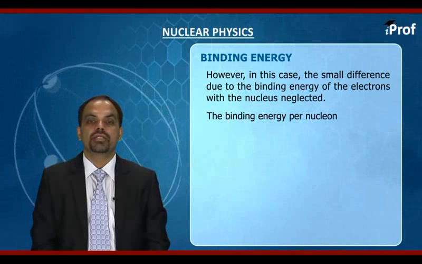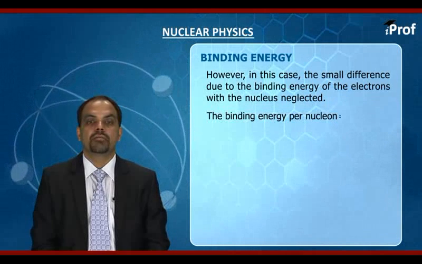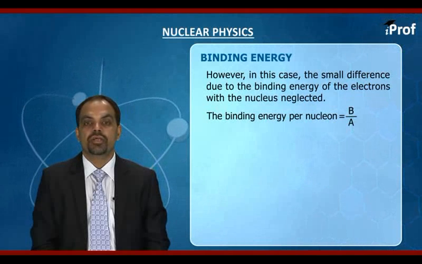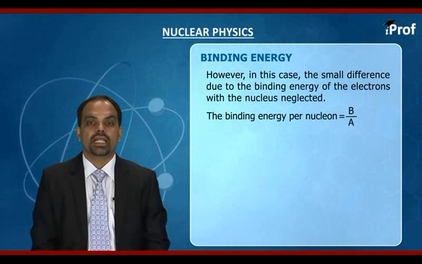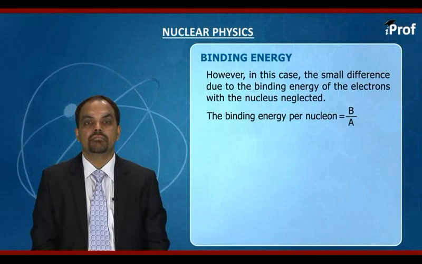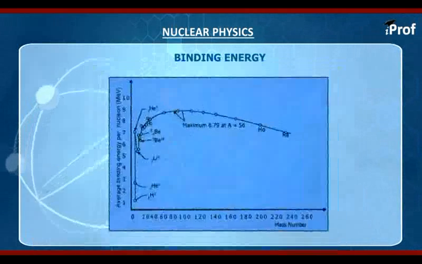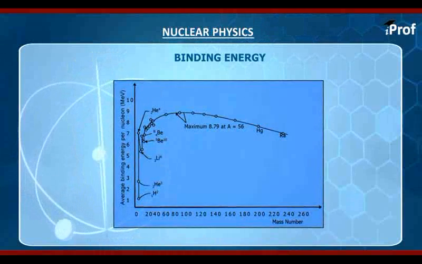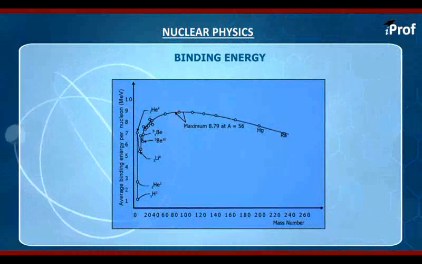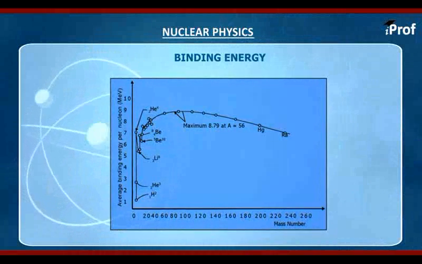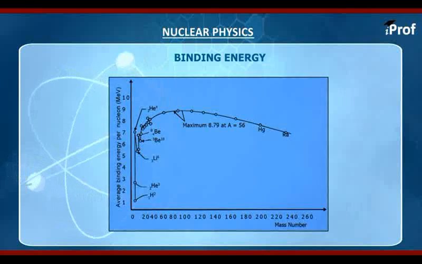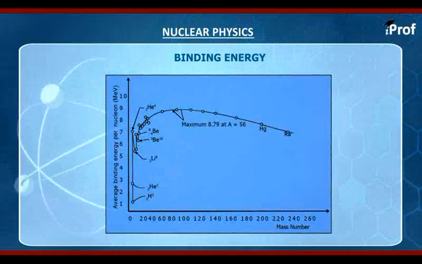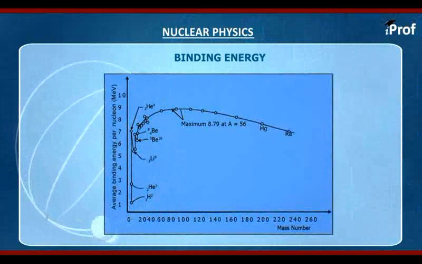The binding energy per nucleon will be obtained simply by dividing binding energy by the mass number. Now when we go for analysis of binding energy per nucleon, we get a graph which is shown on the screen. This graph is very useful and it gives a lot of information, and there have been questions in exams based on this graph.